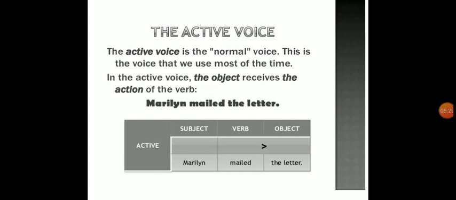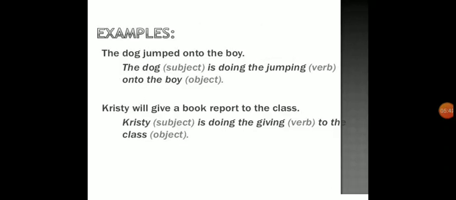So in active voice, the subject is directly acting on the object. Example, the dog jumped onto the boy.